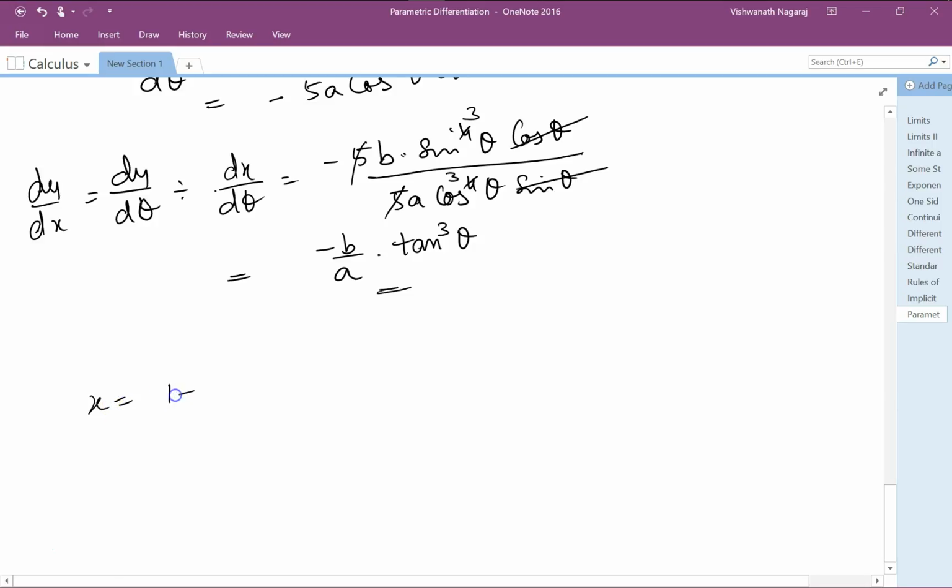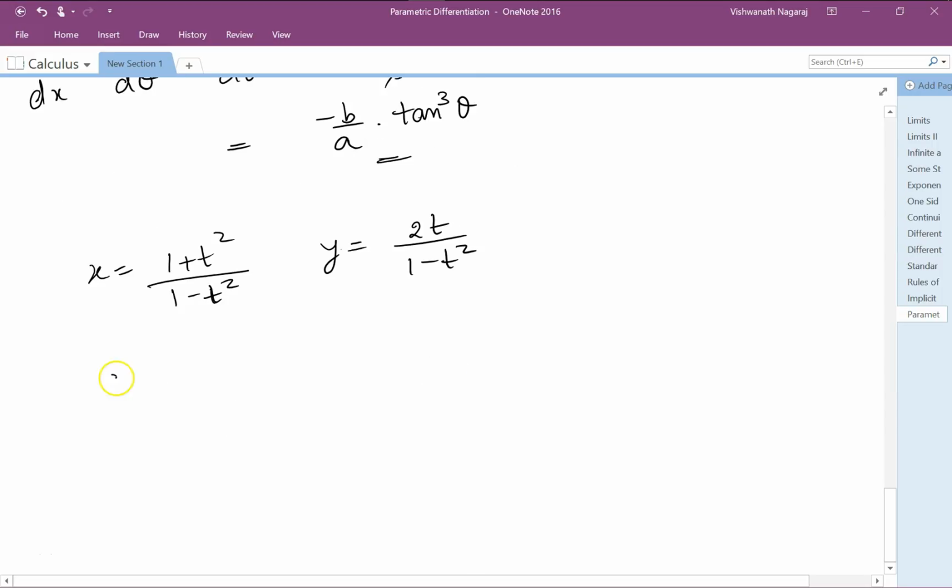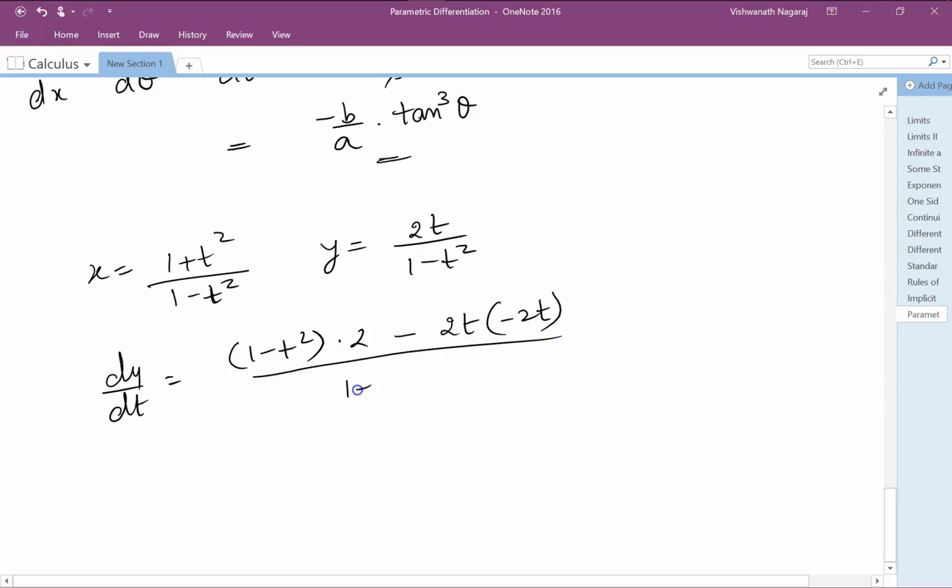X is equal to 1 plus t square by 1 minus t square. Y is equal to 2t by 1 minus t square. Okay, so dy by dt is equal to, by the quotient rule, 1 minus t square times 2, minus 2t times minus 2t, divided by 1 minus t square the whole square.